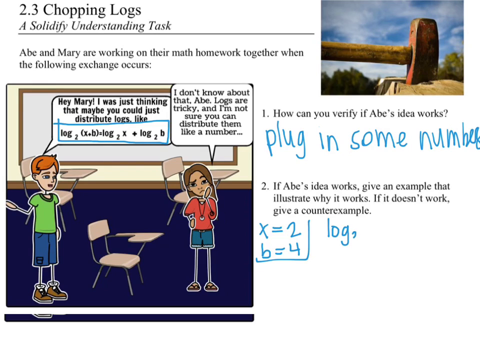So I go log base 2 of 2 plus 4. I want to see what this is equal to. Well, we know that 2 plus 4 is 6. So to figure out what log base 2 of 6 is equal to, I can say, well, 2 squared is 4. 2 cubed is 8.